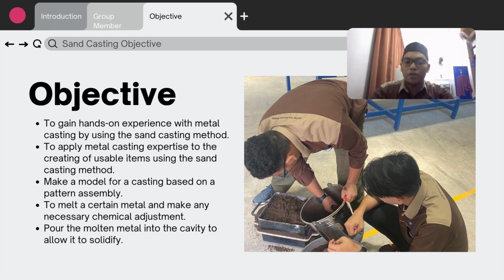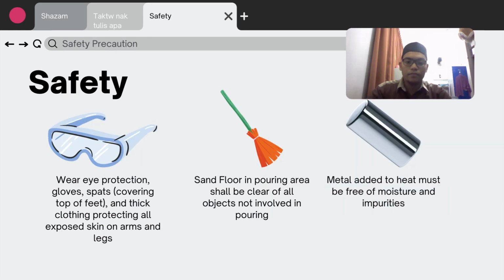Third, make a model for a casting based on a pattern assembly. Fourth, to melt a certain metal and make any necessary chemical adjustment. And lastly, pour the molten metal into the cavity to allow it to solidify. That's all for the objective of sand casting.